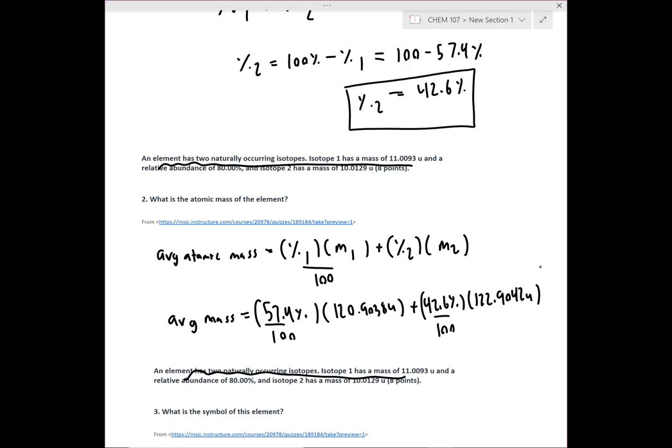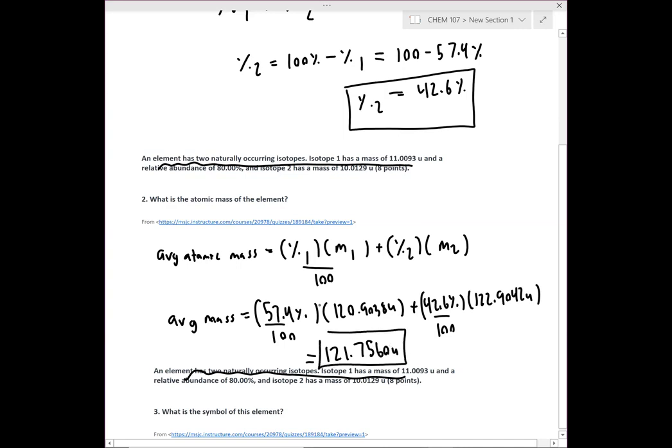That gives us an average mass after calculation of 121.7560 AMU.